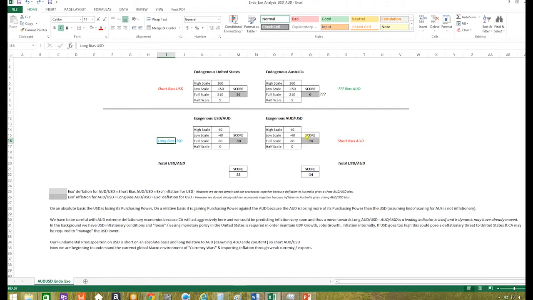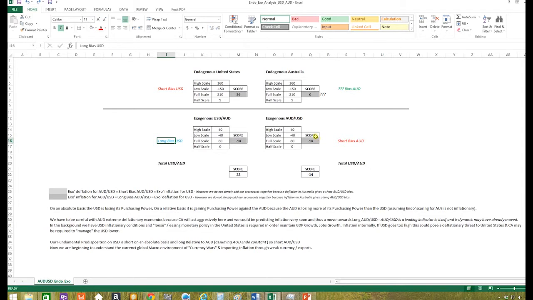If we have a deflationary number over here and we have a short bias in Aussie dollar, US dollar, then deflation on the Australian economy side would imply through the dynamic relativity principle that we have inflation in the United States, or inflationary conditions. Well, obviously that's not the case.